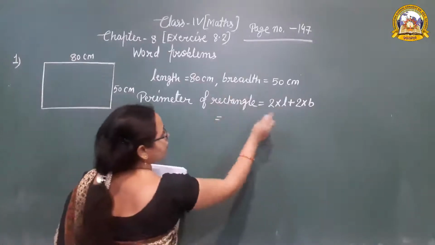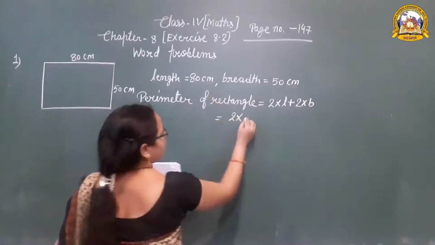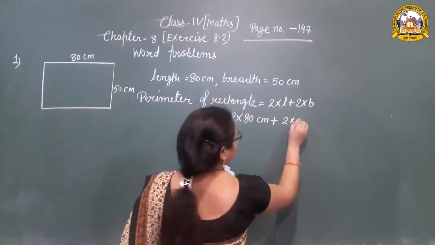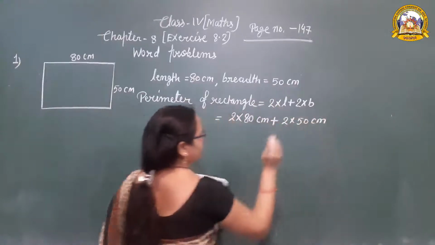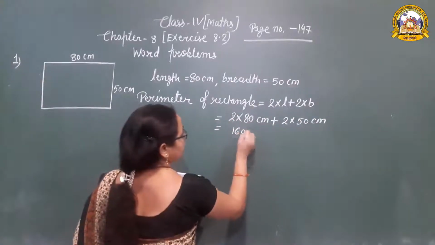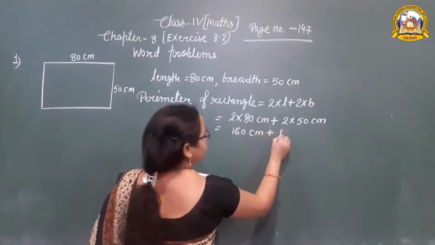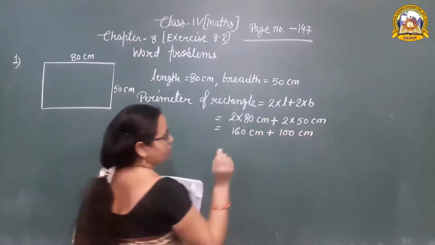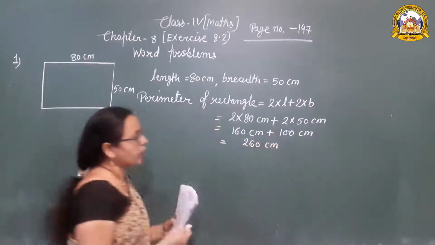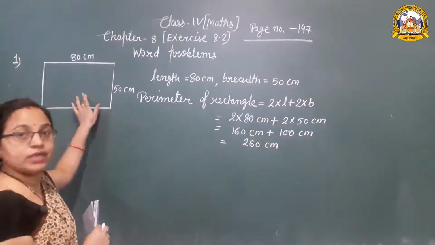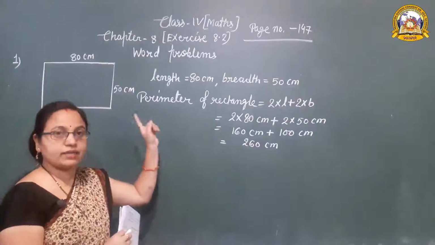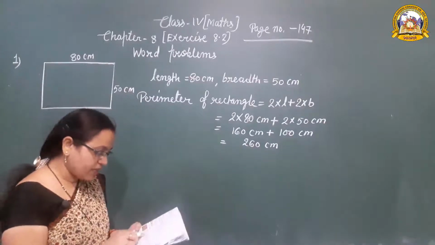Now put both values in the formula: 2 multiply 80 centimeter plus 2 multiply 50 centimeter. 2 eights are 160 centimeter plus 100 centimeter. Now the total is 260 centimeter. It is the perimeter of the rug, the perimeter of the rectangle. What is asked in the first question?